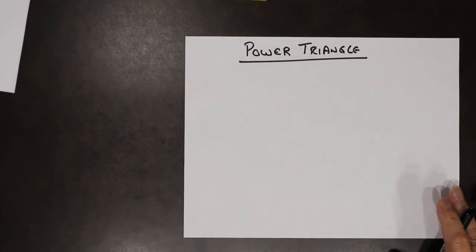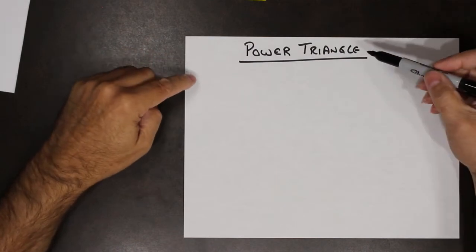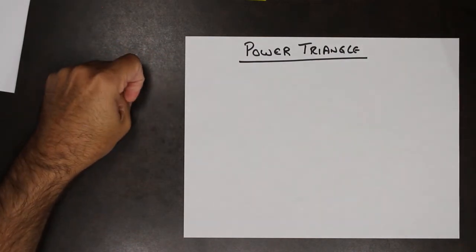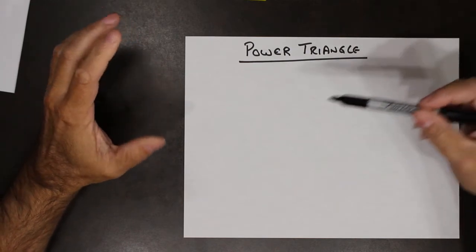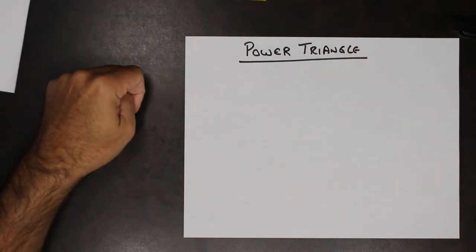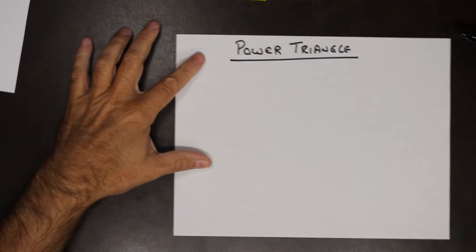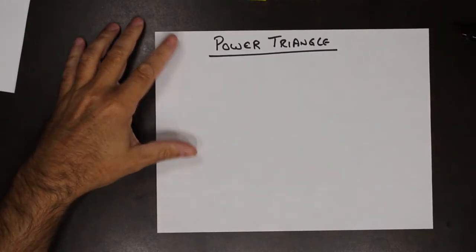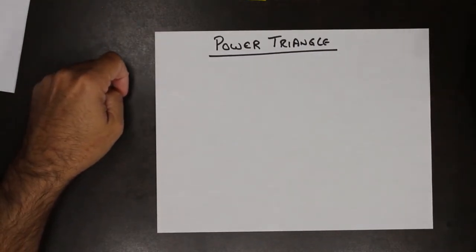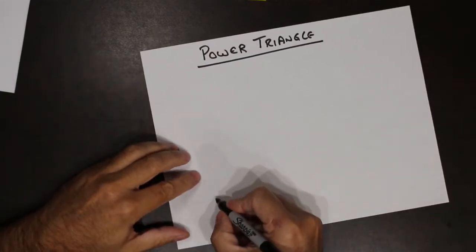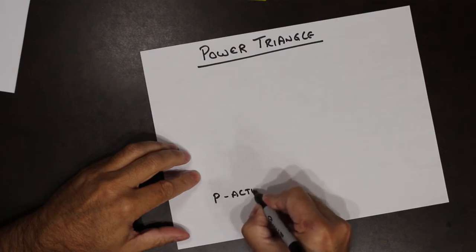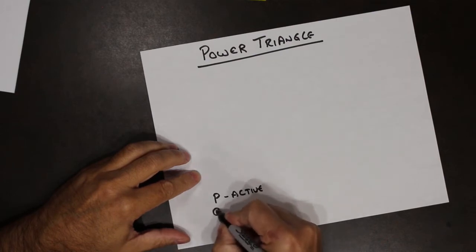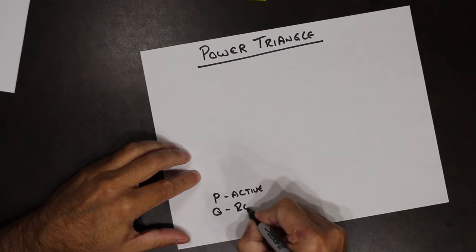All right. Power triangle. Power triangle is a visual representation of the vectors that represent the three types of power. So again, the three types of power, we have P, which is active. We have Q, which is reactive.